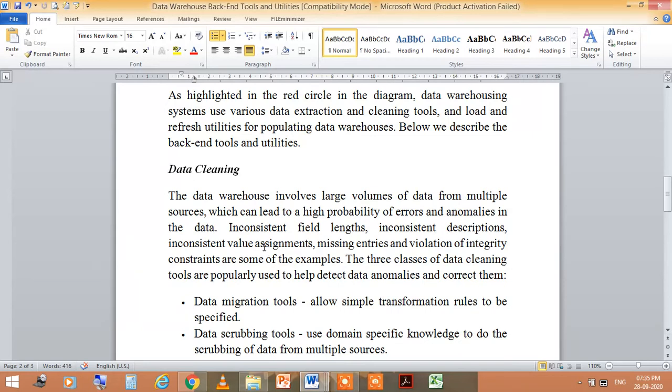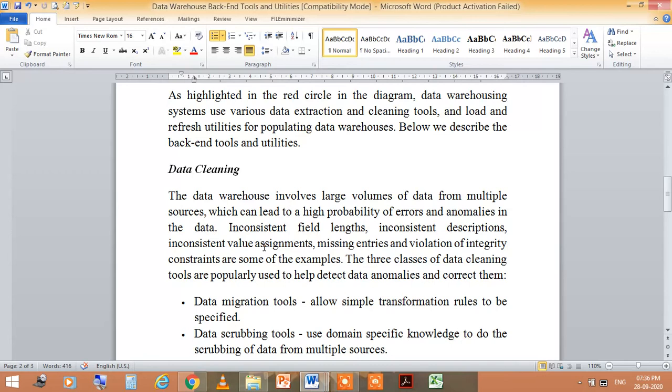Data cleaning is what? In the data warehouse, there is a large volume of data, from multiple sources. These multiple sources lead to a high probability of errors and anomalies in the data. Inconsistent field lengths, inconsistent descriptions, inconsistent value assignments, missing entries, and violation of integrity constraints are some of the examples.